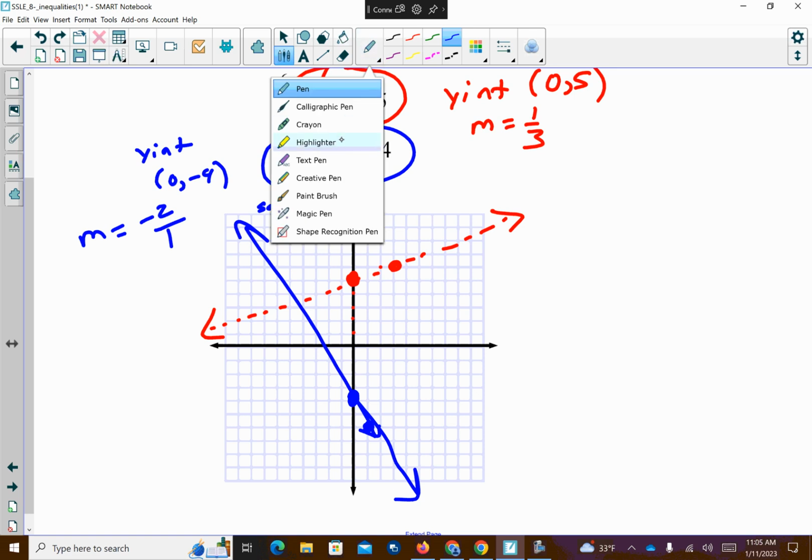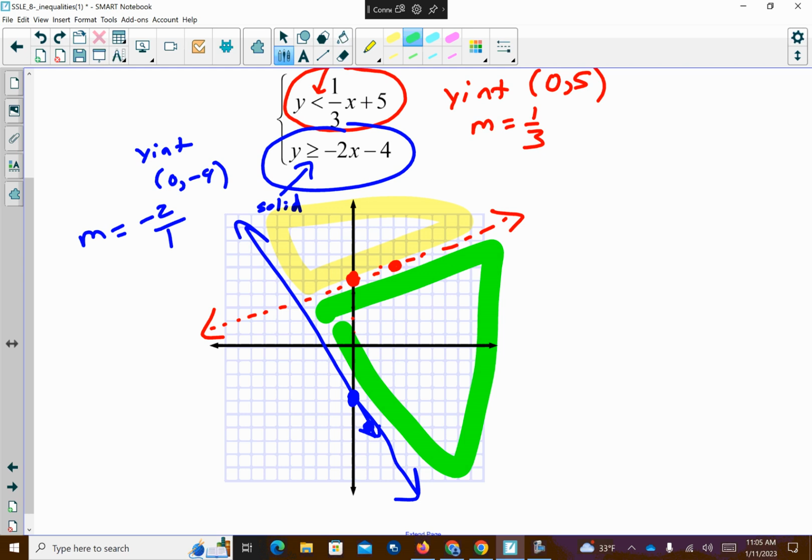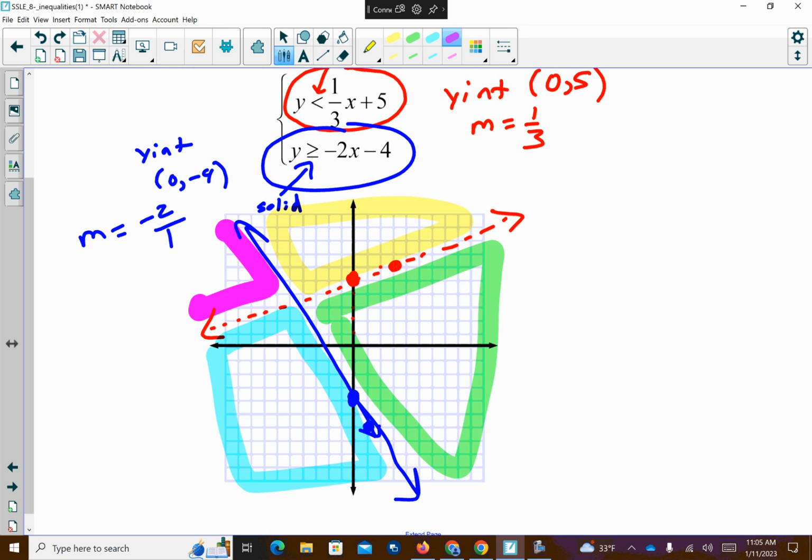Because I have two lines drawn up there right now, I have the yellow region, the green region, the blue region, and the pink region. Okay? One of those regions, before you draw anything on, because I'm going to get rid of those, is actually what I will shade in. Does that make sense?